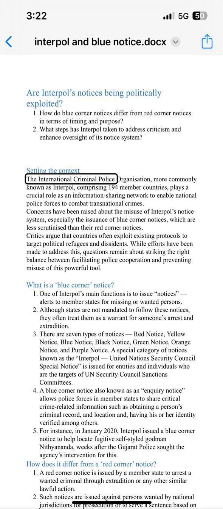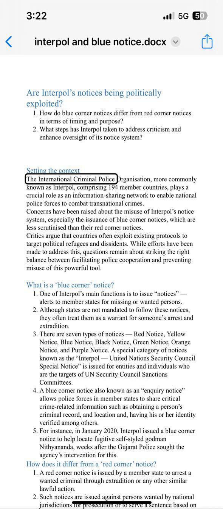That means the notices are the mediums, the means through which a country would approach the Interpol to seek or to provide information to the country seeking the information, right? Then accordingly the proceedings are initiated. So these are the notices.